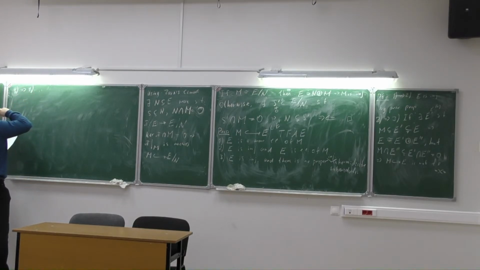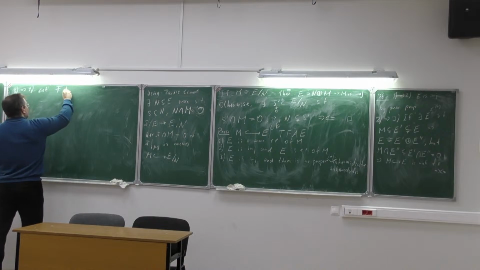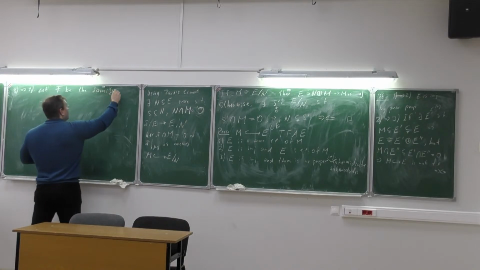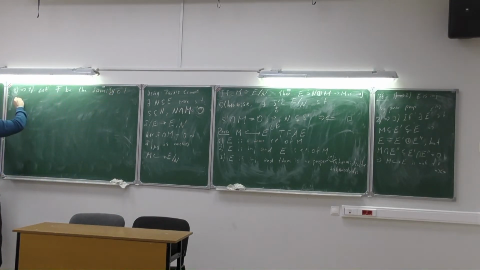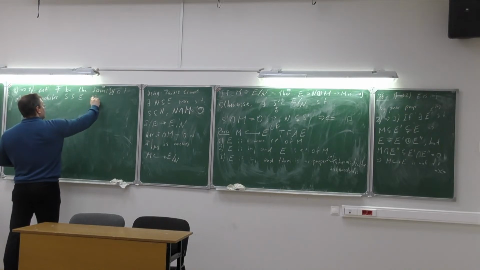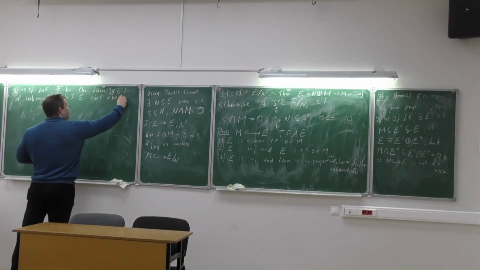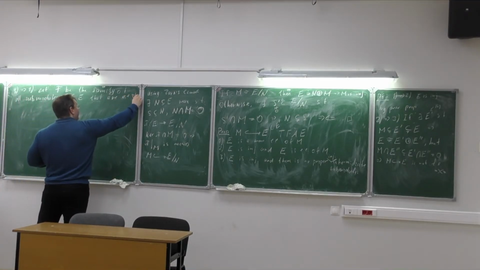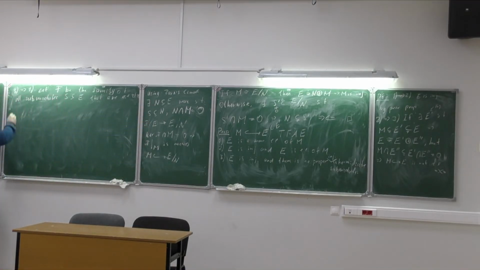Okay, and this is just another argument with Zorn's lemma. So let F be the family of all submodules S in E that are essential extensions of M. Now F is not an empty family.